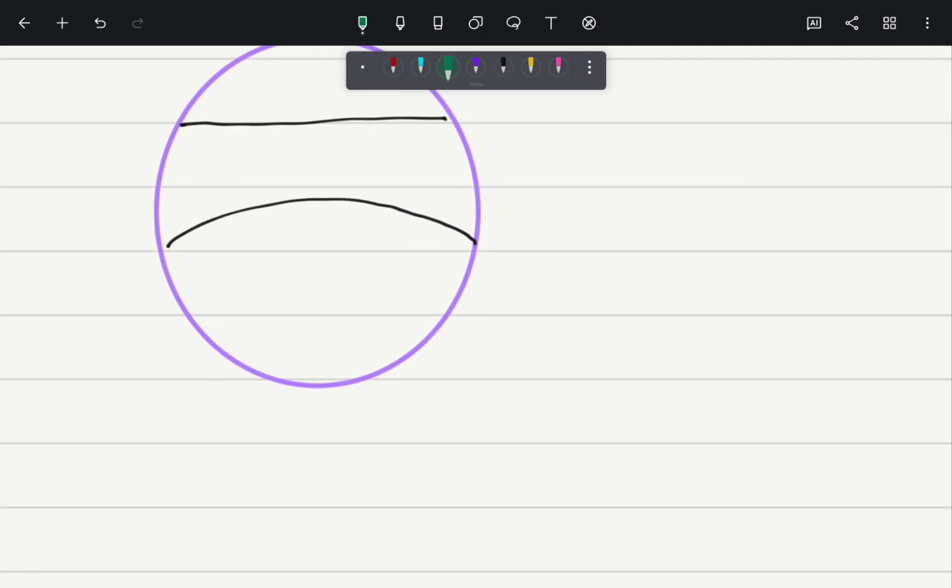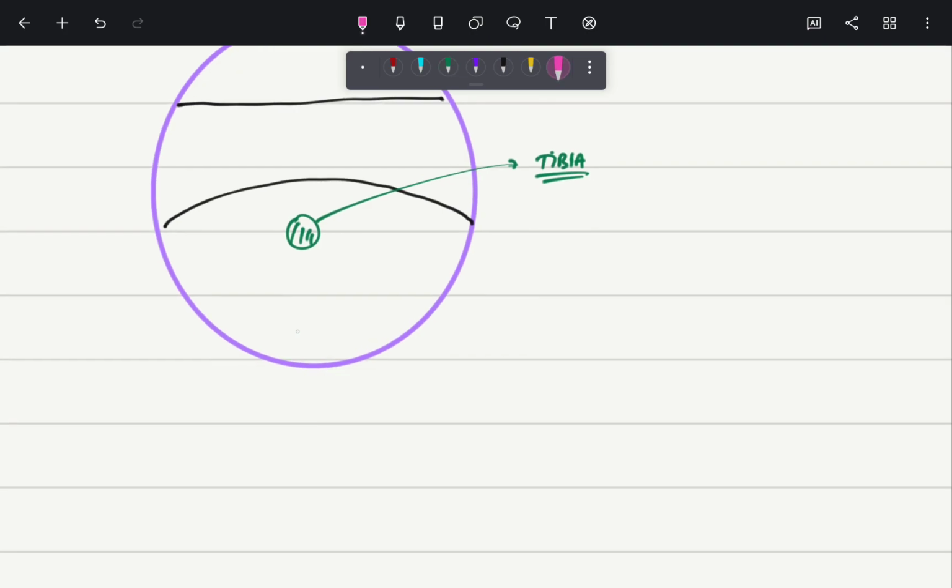As I already told you, here is the tibia. Since this is the posterior compartment, there is a muscle posterior to the tibia, and this muscle is called your tibialis posterior.